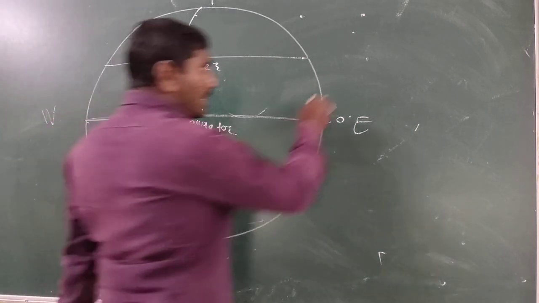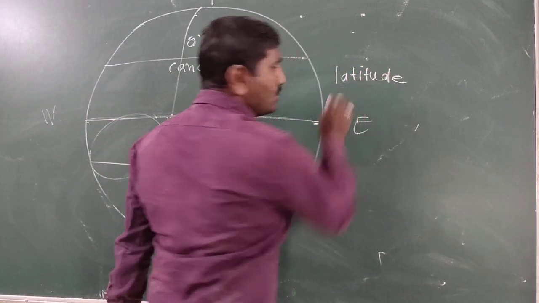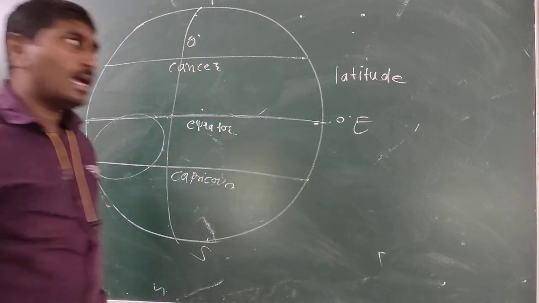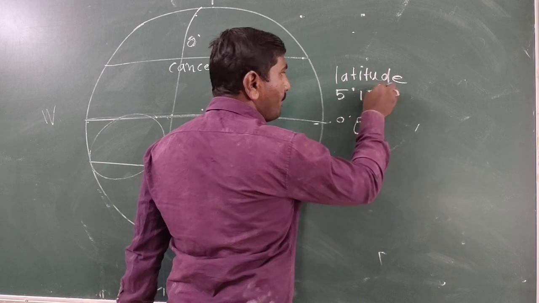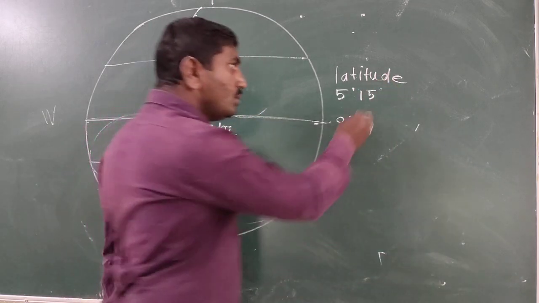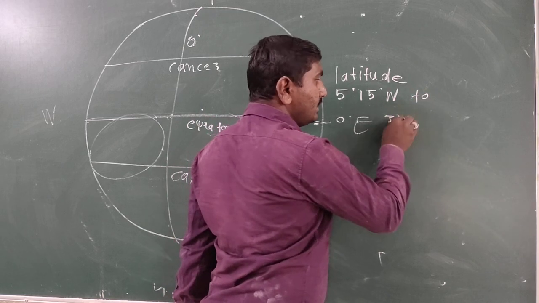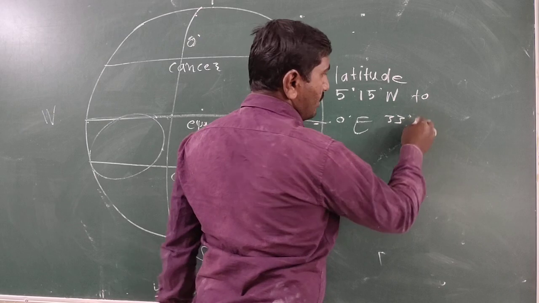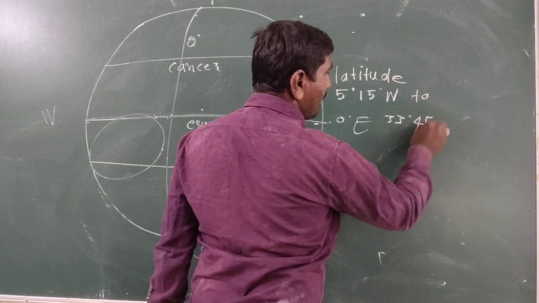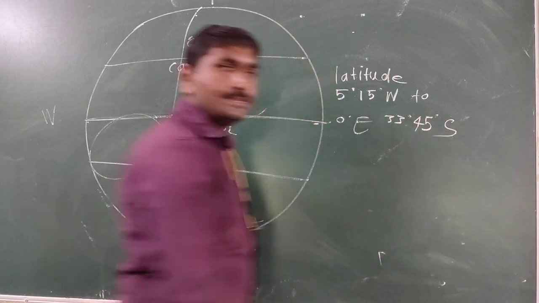First of all, we will see the latitudinal extent of Brazil, and that is 5°15' north to 33°45' south.